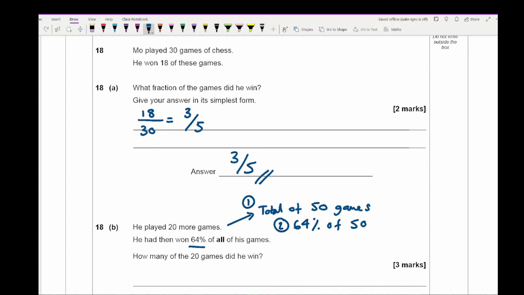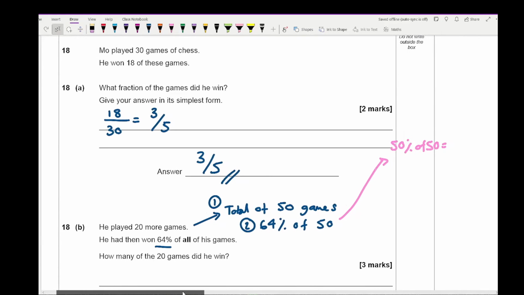Again, depending on how you want to do this, you could either flip the percentages, so you can work out 50% of 64, or we can work it out like this. So from this, we know that 50% of 50 is, let me just scroll across slightly so we've got a bit more room. So 50% of 50 is going to give me 25. 10% of 50 is going to give me 5. 1% is going to equal 0.5.